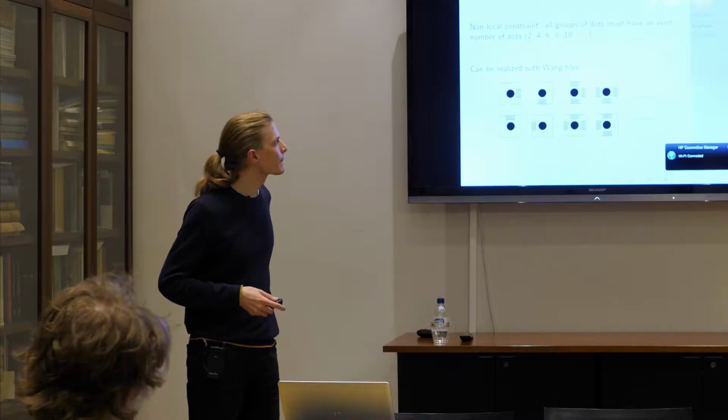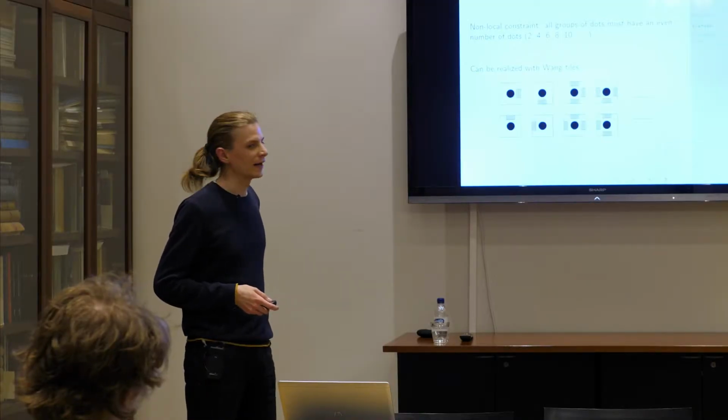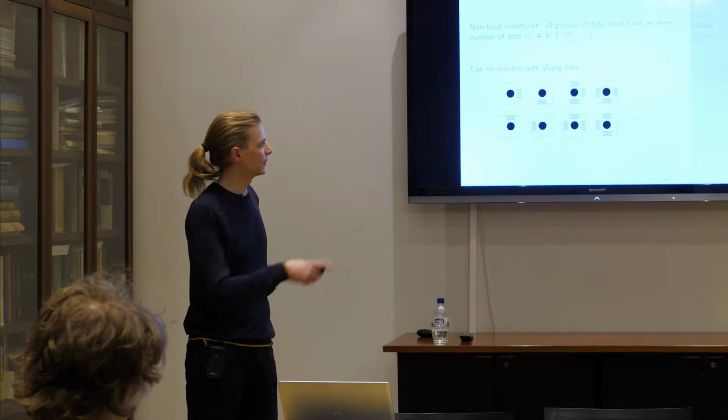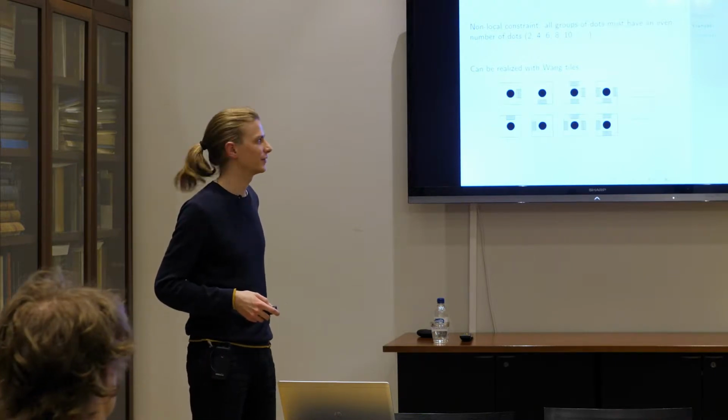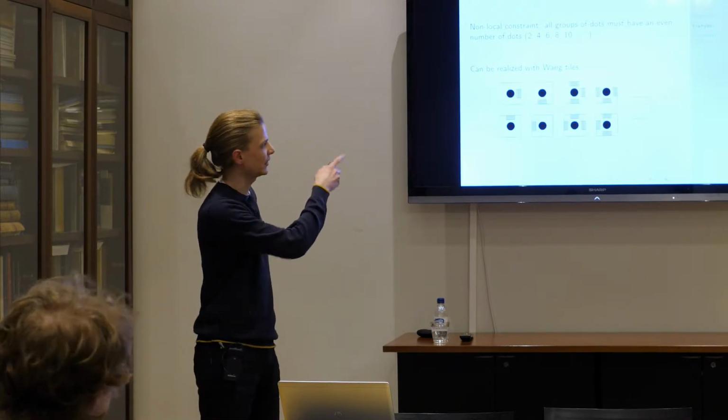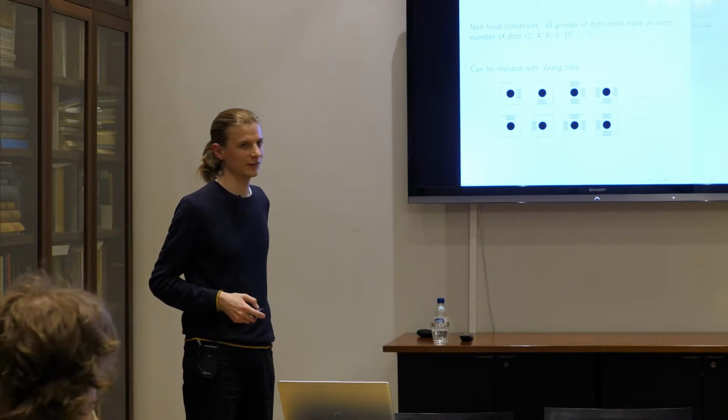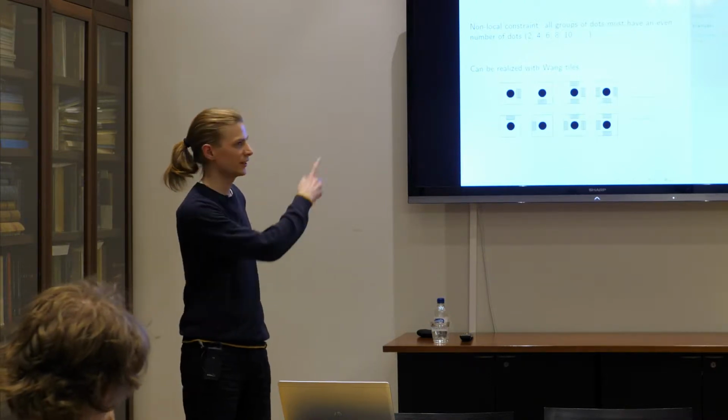And I'm asking that every island must have an even number of dots, 2 or 4 or 6 or 8 or 10 and so on. And this constraint, it turns out, can be enforced with a pretty simple system of Wang tiles. So I just add some decorations to these black tiles, and the white tiles can all be white.